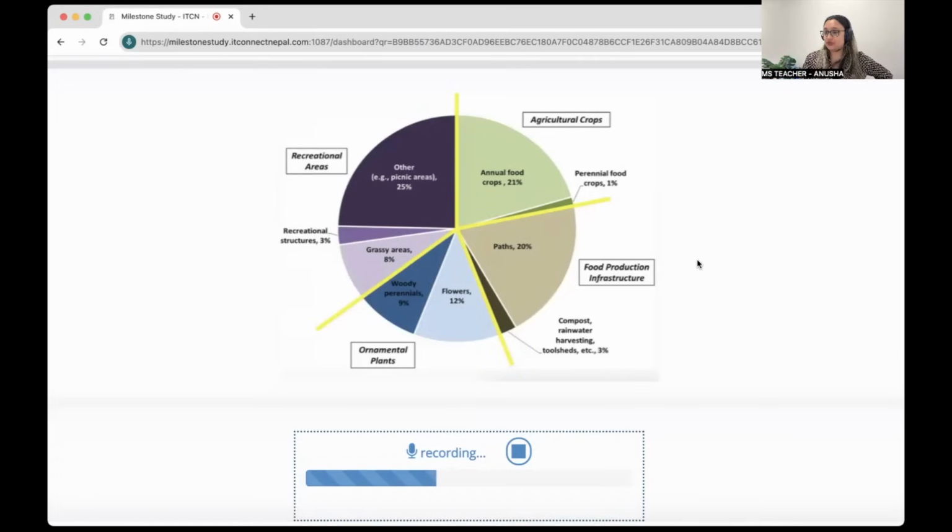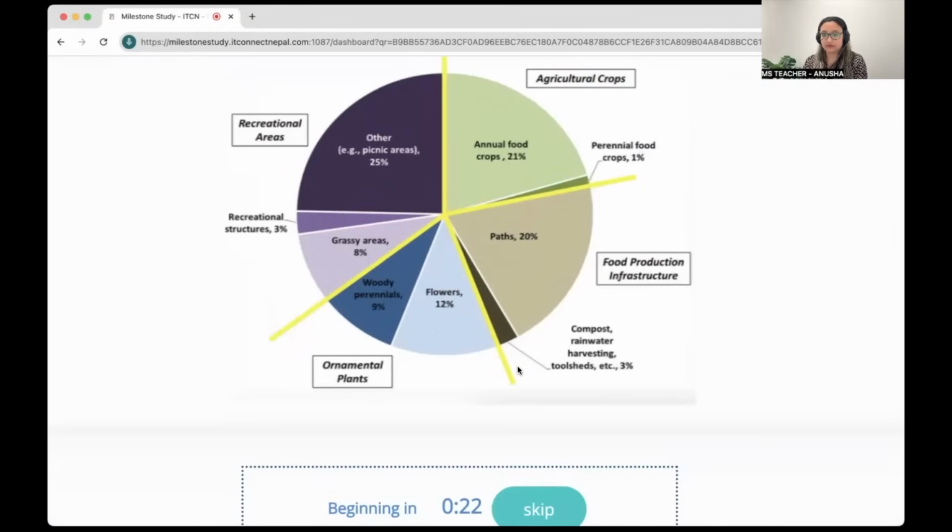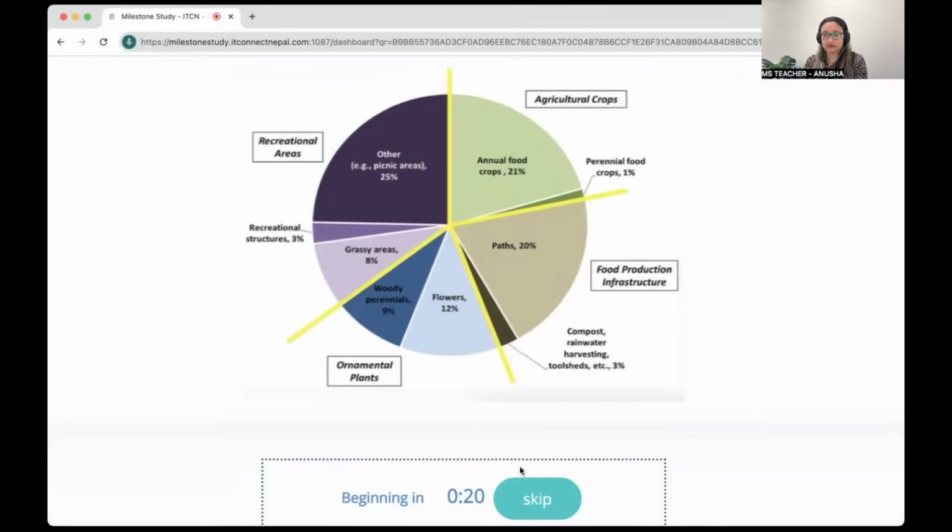Now, let me show you by speaking. This picture shows different categories of agricultural crops, food production infrastructure, ornamental plants, and recreational areas, where the highest pie is in the recreational areas with picnic areas with 25%, and then the lowest is at the agricultural crops, which is perennial food crops at 1%.